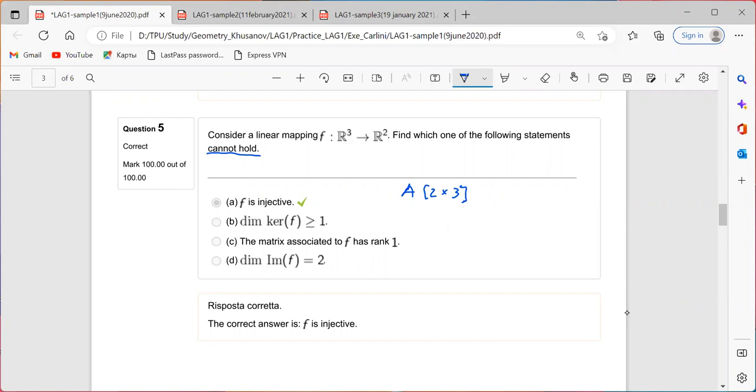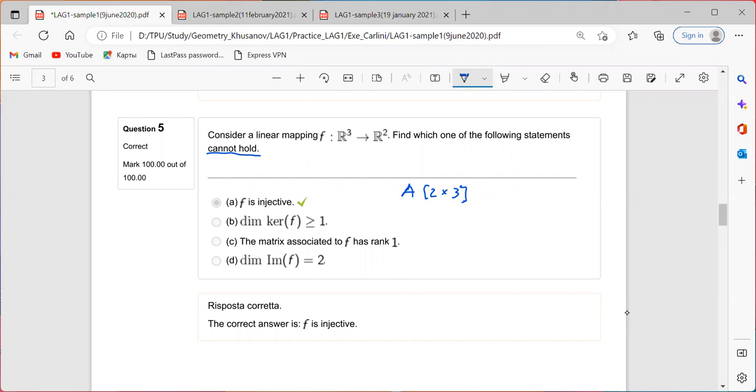Okay, let's consider. If we have a map from R3 to R2, we can consider what the matrix of this map will be. If we have two Euclidean vector spaces, R3 and R2, any map from one Euclidean space to another always has a corresponding matrix.